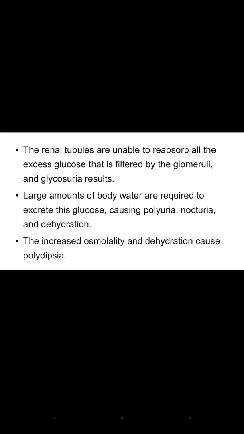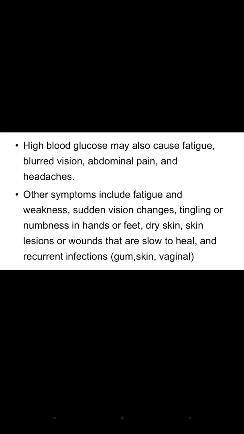If there is polyuria and the person is not taking sufficient fluid, then dehydration will occur. Now there is increased osmolality, and in dehydration this will cause polydipsia. High blood glucose levels also cause fatigue, blurred vision, abdominal pain, and headache.